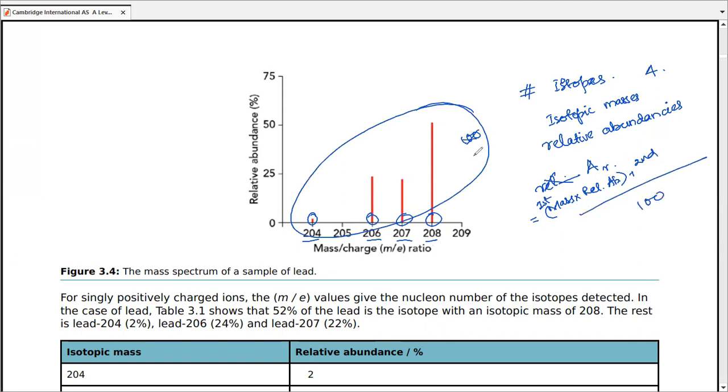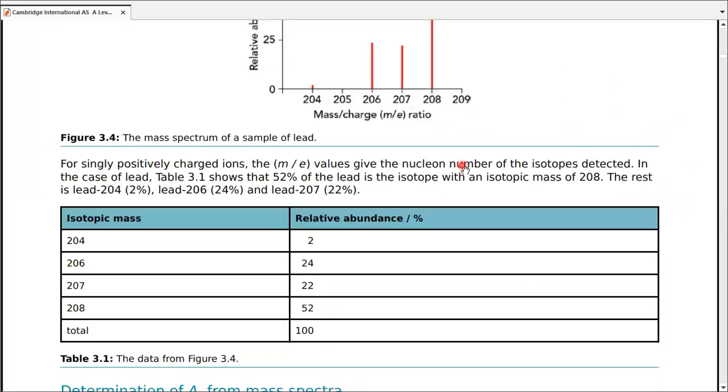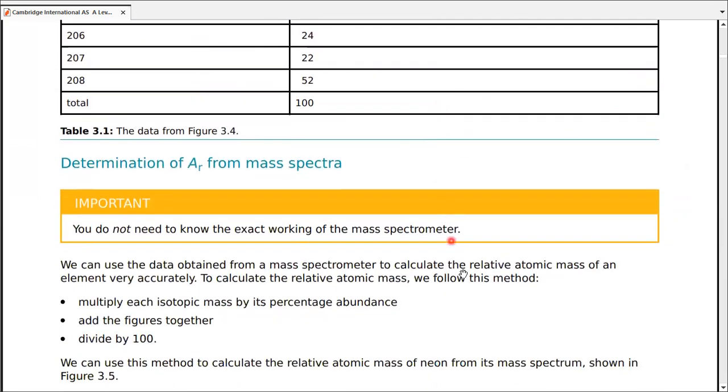If this total comes out to be 99, you divide it by 99. That's the purpose of doing this, because the number over here and the number over here will make sure that you get an exact answer. Since this is done for 100%, the total 100% is calculated over here. This gives you the idea.